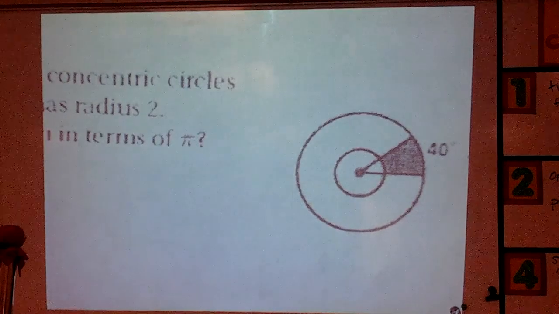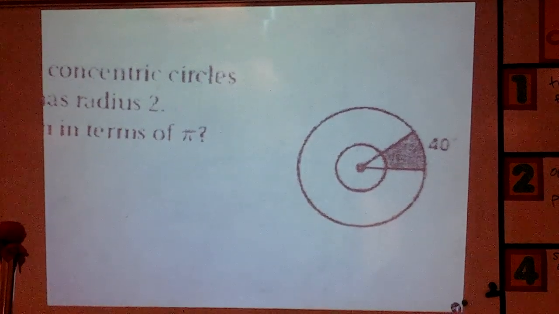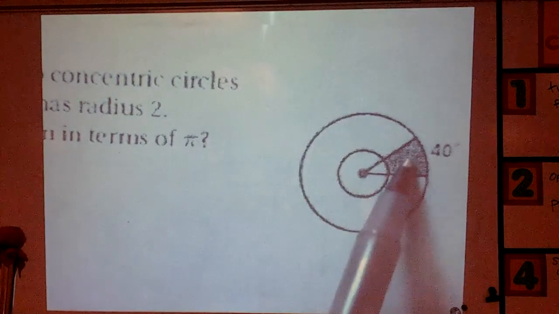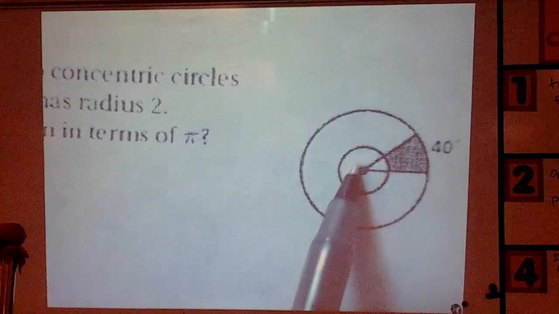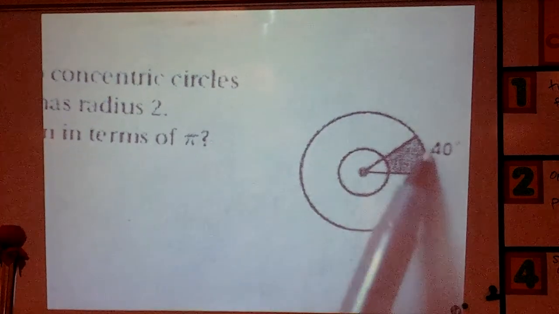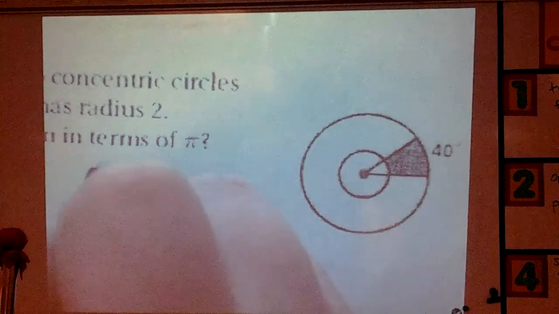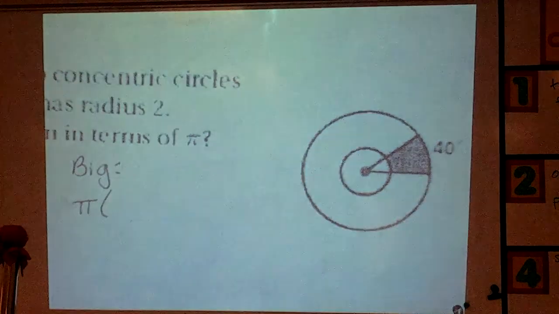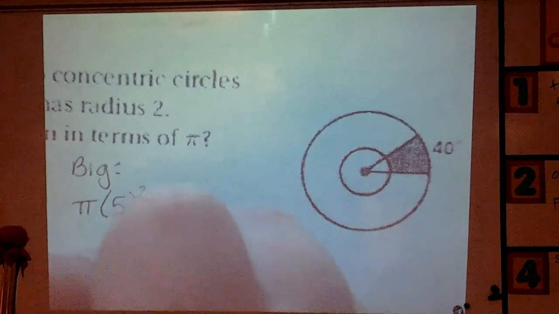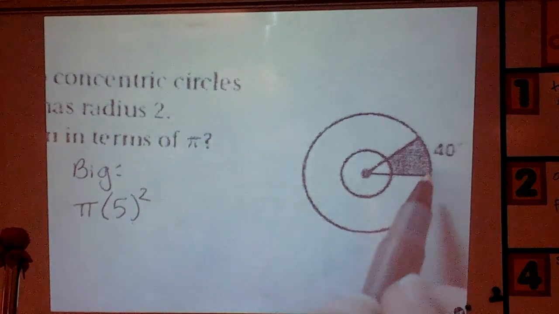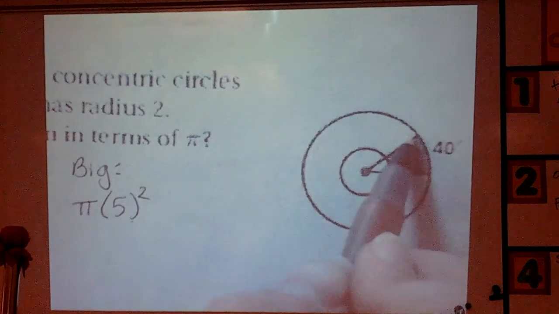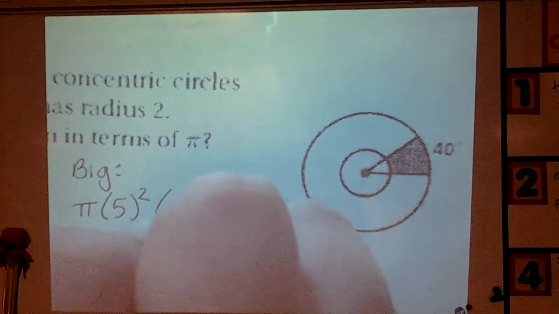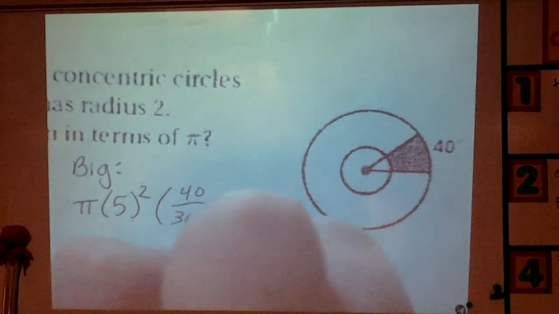So reading my problem, it says, in the diagram, the larger of the two concentric circles has a radius of 5. So stop. How can I find the area of my big piece of pie? I would do pi, my big radius is 5 squared, and my sector, the part of my circle I care about, is 40 out of 360.